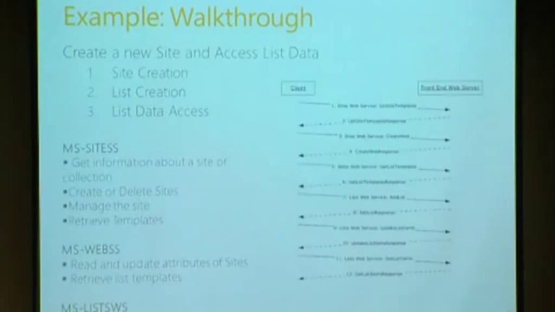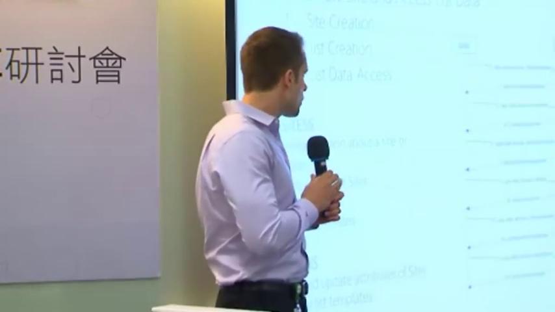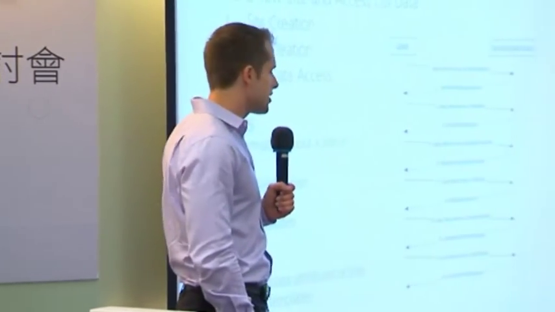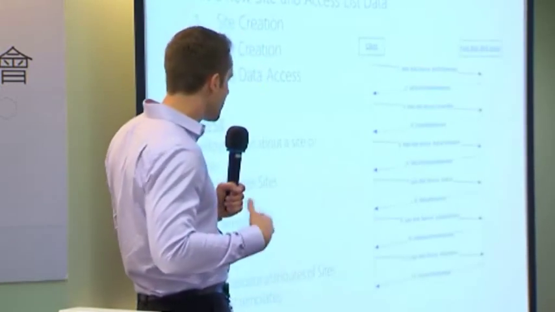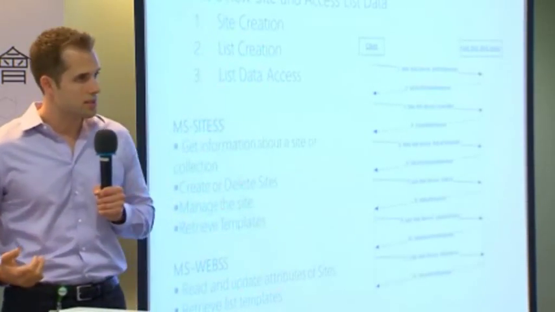Okay. So one more example. When you're creating something in SharePoint, there's this notion of templates. You've got site templates, which I've talked about a little bit. You've got list templates. And so here's an example where we're creating a site, adding a list to that site, and then accessing data on that list.